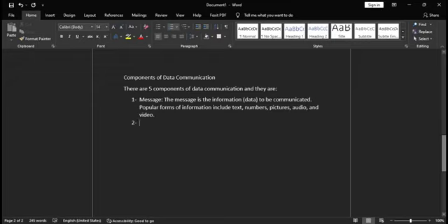Okay, 2 now, sender. So the sender is the device that sends the data message.